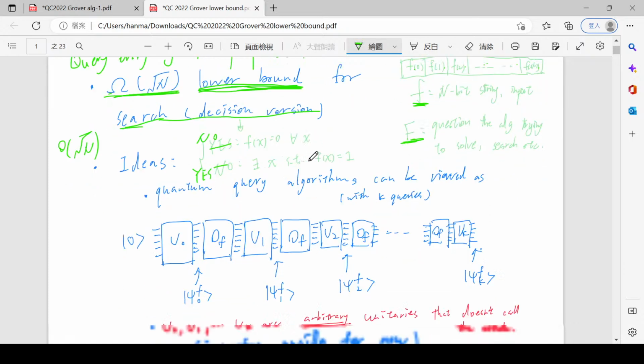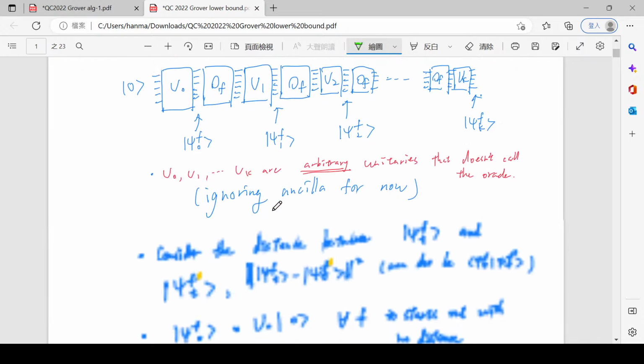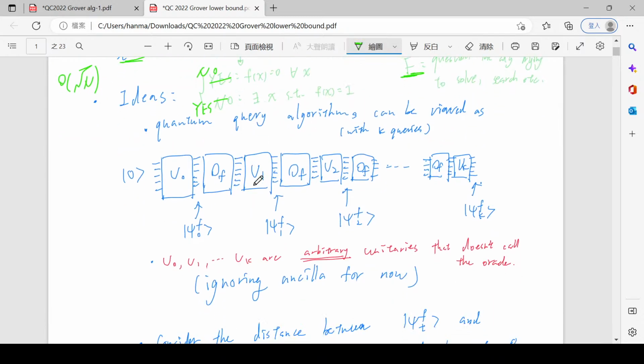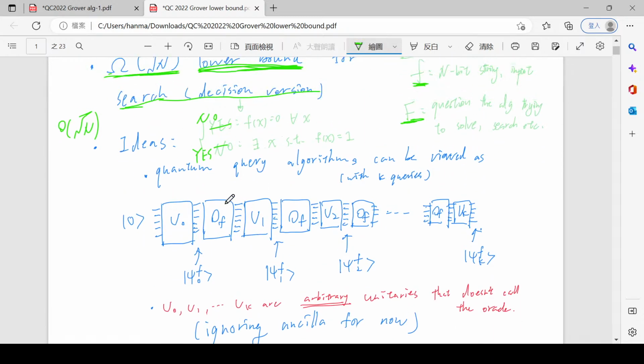So that's the lower bound, and now we go to the high-level idea of how we do a lower bound. First we write down what the query algorithm looks like. Once again, the query algorithm looks like this. You have some input, start with all 0, then you can do some unitary that doesn't depend on your function.